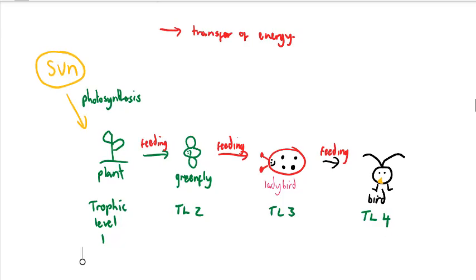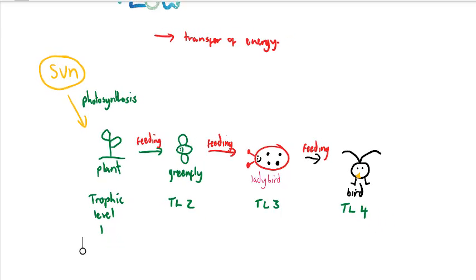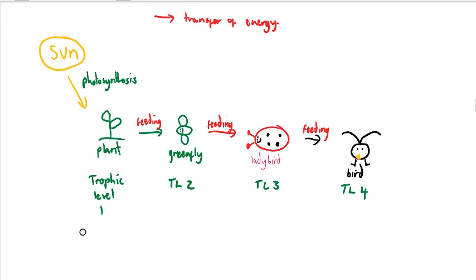Other words we can use to describe these are producers and consumers. Now, this plant is the only thing in this food chain that can photosynthesize and trap energy, so it is known as a producer. And all plants are producers.